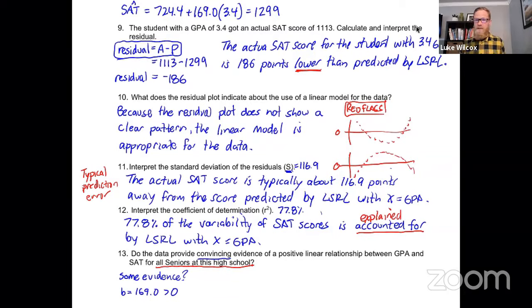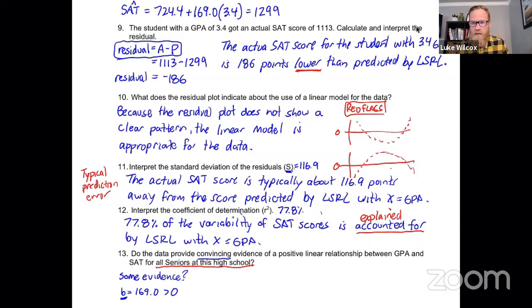I wouldn't get the same line of best fit, and I wouldn't get the same slope value, right? So that value is going to vary because of sampling, right? Sampling variability. So the question is, is this slope value a strong enough slope value that we can say that there's convincing evidence of a positive linear relationship for all seniors?